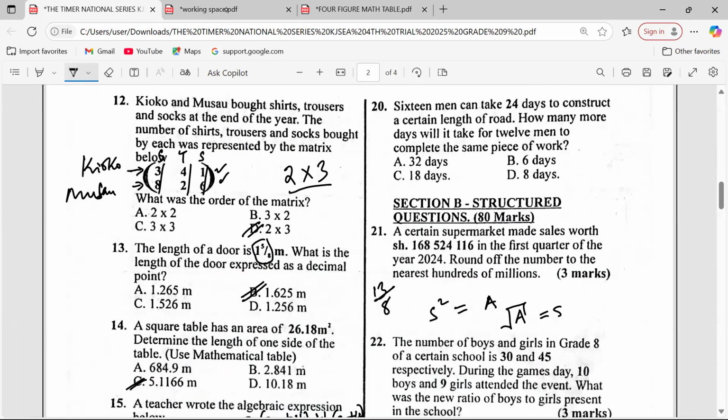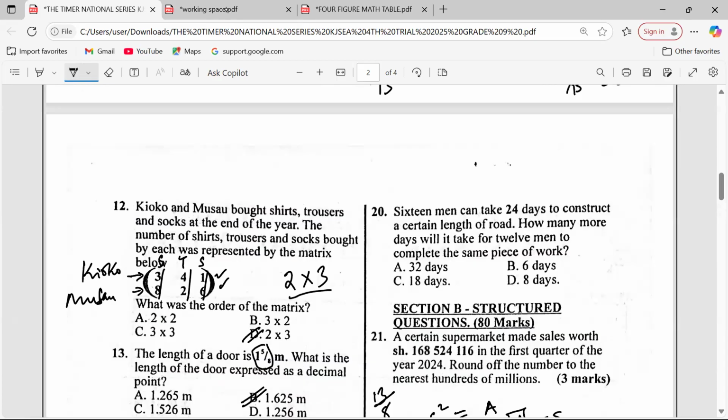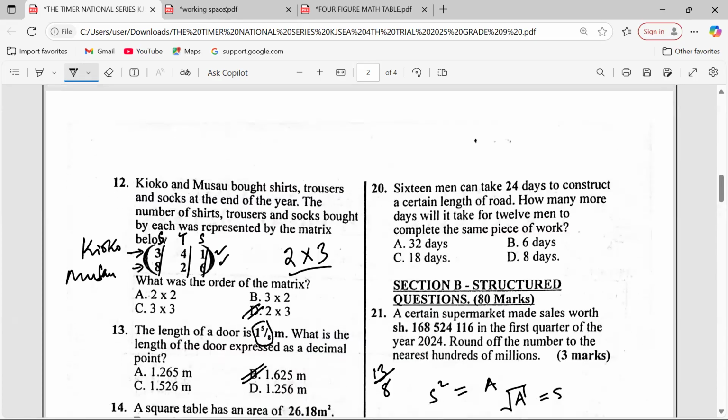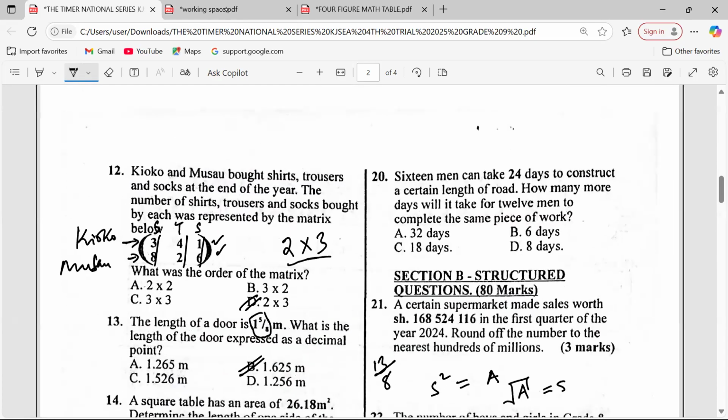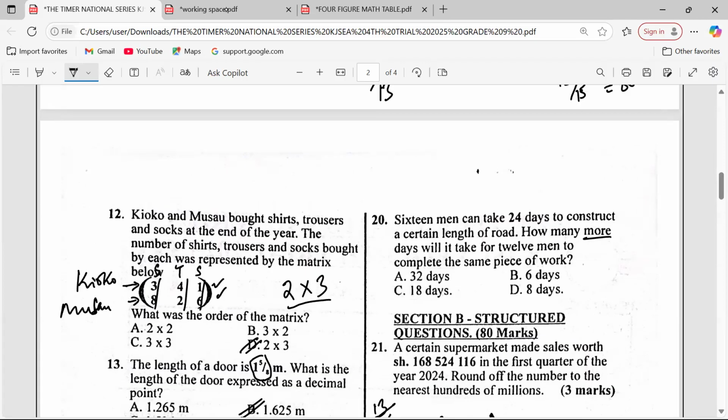Yeah, that is it. Now checking at number 20. The question says that 16 men can take 24 days to construct a certain length of rod. How many more days? Mark that word. How many more days will it take 12 men to complete the same piece of work? So we have men, and we also have the days that they take.